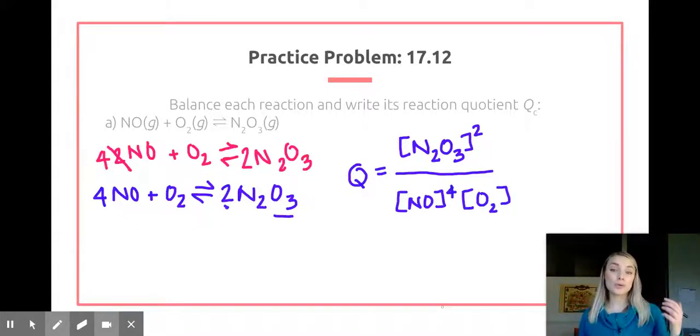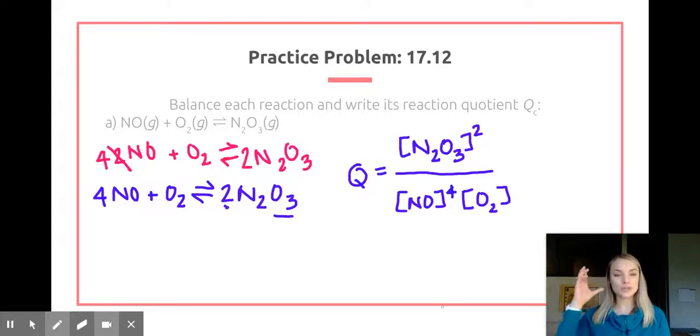So remember, when we are writing these reaction quotients, this particular reaction quotient, because we've not specified that this is at equilibrium, this is simply the ratio of the concentration of products to reactants at a given point in a reaction at a given temperature.